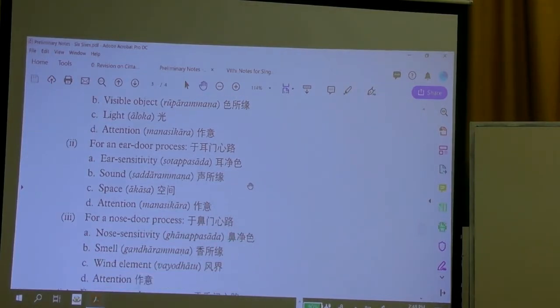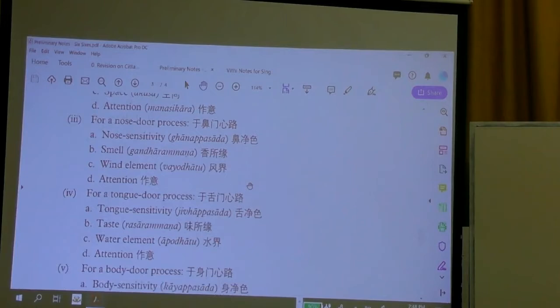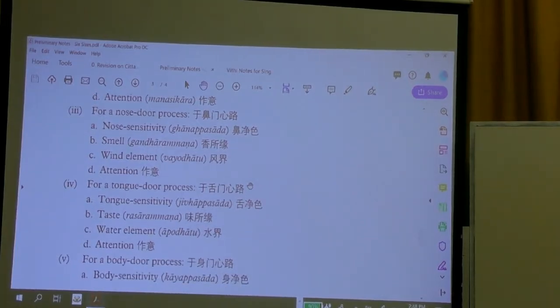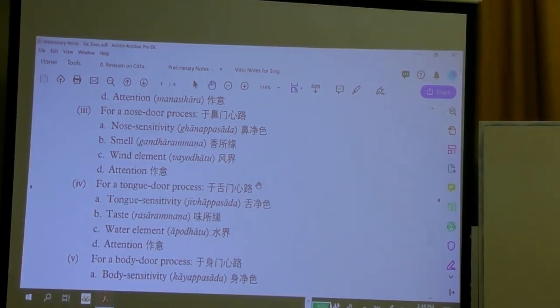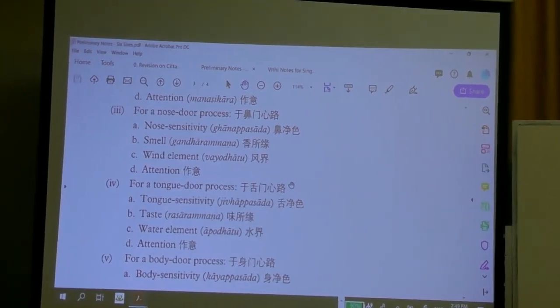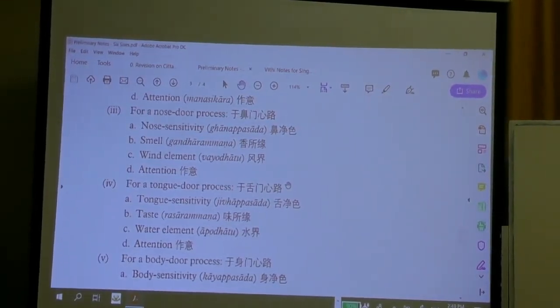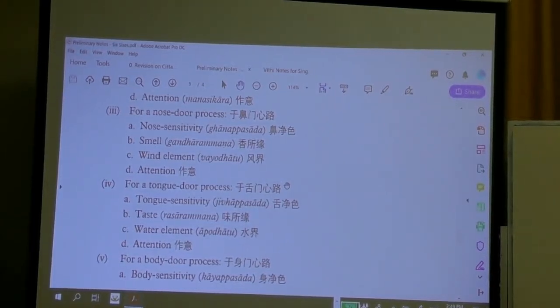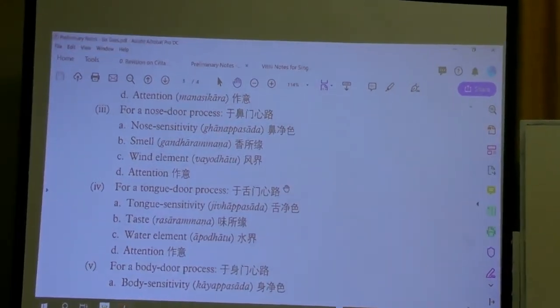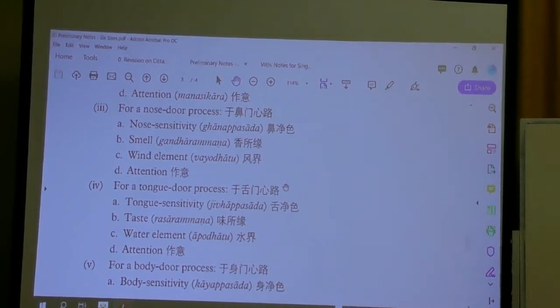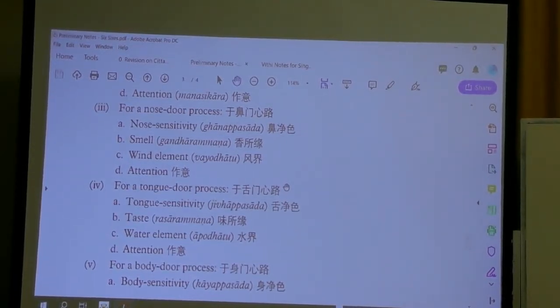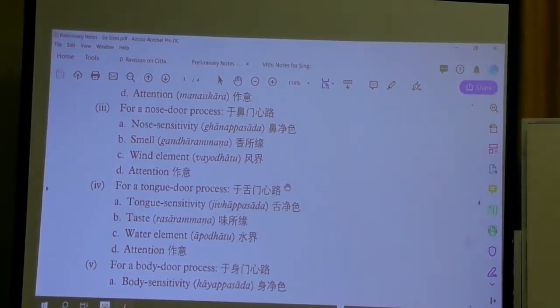The same way, there are 4 conditions to arise the nose-door process. What are the 4? Ghana pasada, gandharamana, vayu dhatu, wind element, and attention.